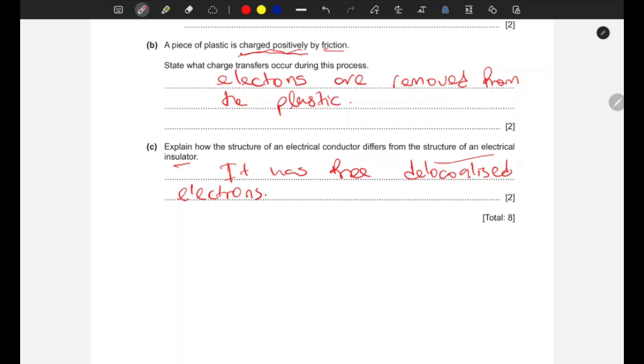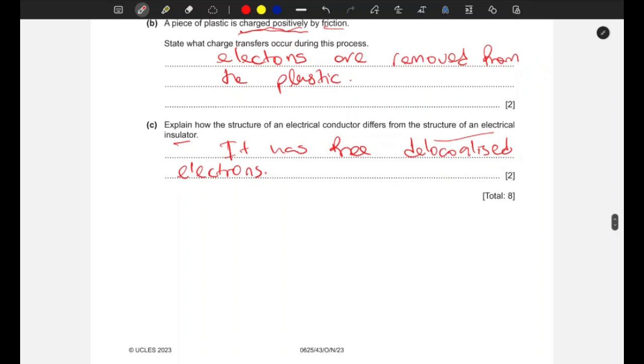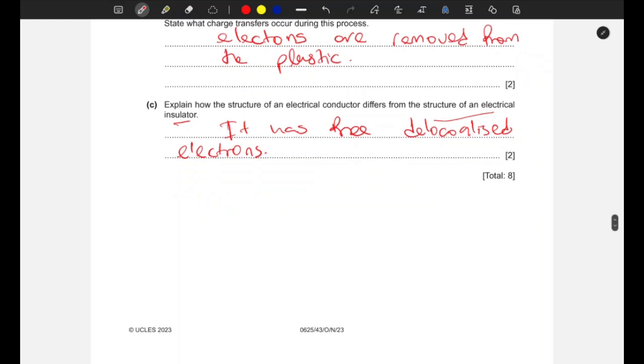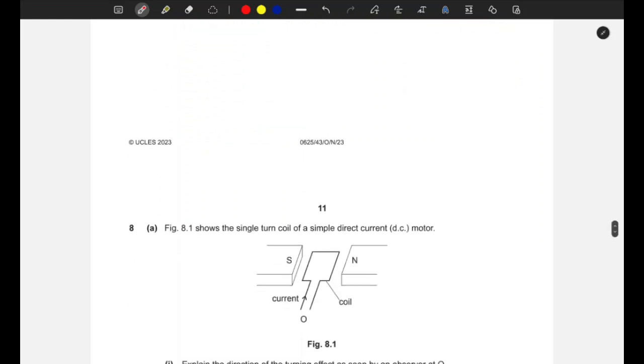Now these are the particles that carry the charge. That's why it's an electrical conductor. So we can move on to the next one.